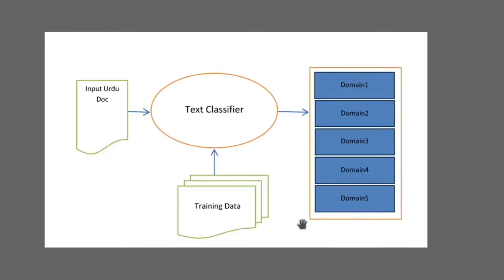In this machine translation system, we have also used a text classification system to classify the input Urdu text. Most machine translation systems, whether statistical or neural, use a single phrase table to translate the text. Instead of a single phrase table, this system uses 5 different phrase tables, one for each domain.